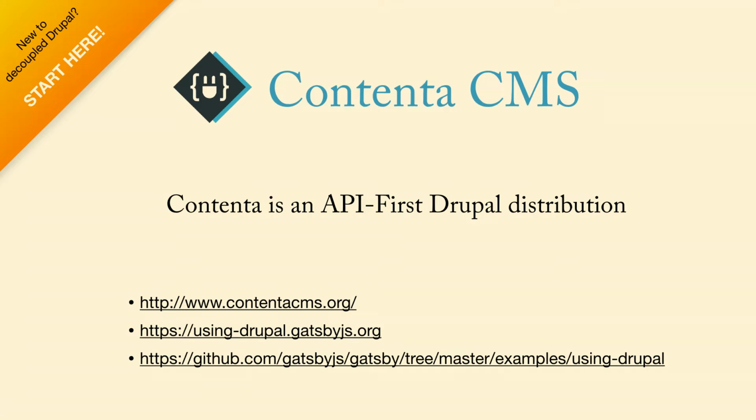If you're just playing around with this for the first time and you want something easy to get started with, you could check out the Contenta CMS. Contenta is an API-first Drupal distribution. Essentially, it's Drupal with a couple of modules like JSON API and Simple OAuth already installed for you, and some dummy content that you can play around with. Jesus talked about their Drupal installation, Buina, which you should also check out.